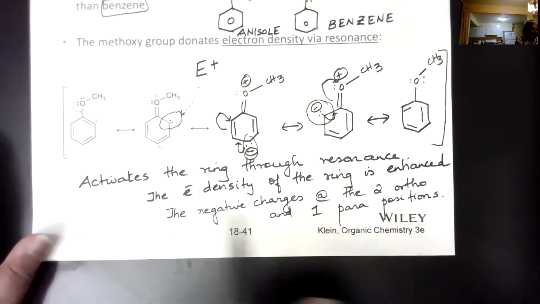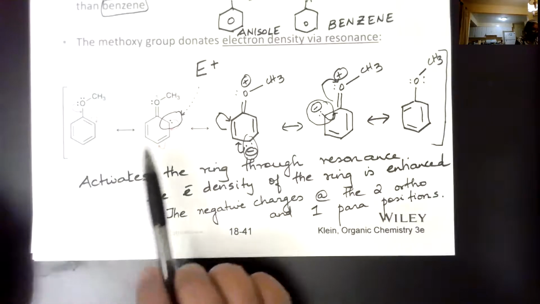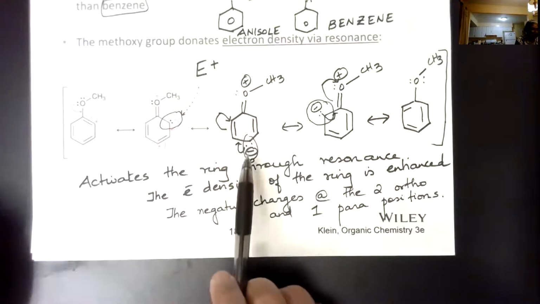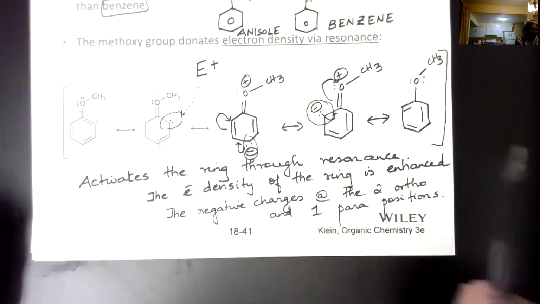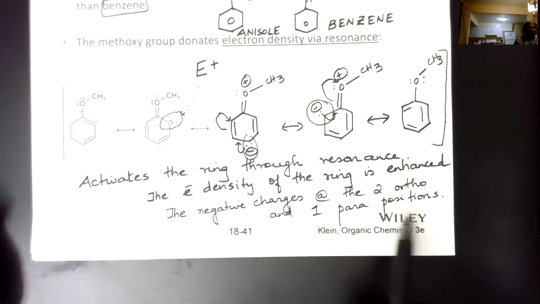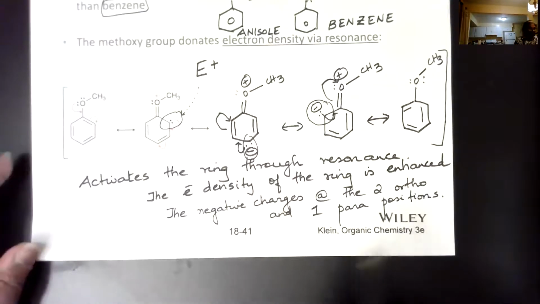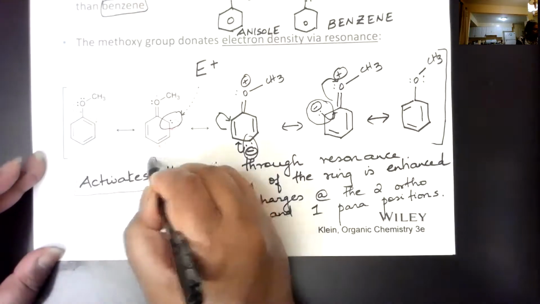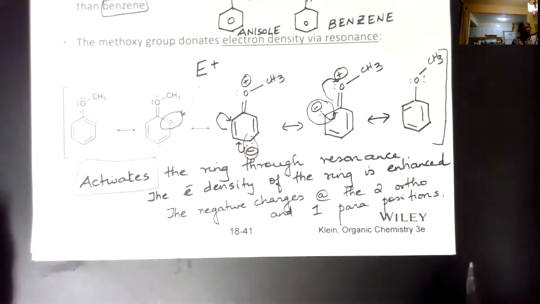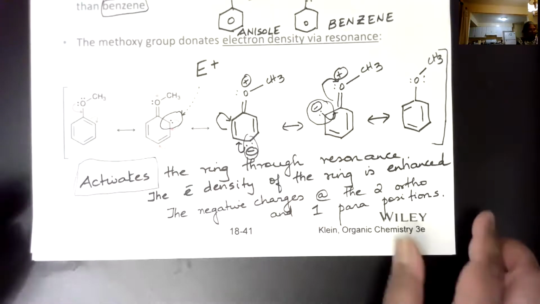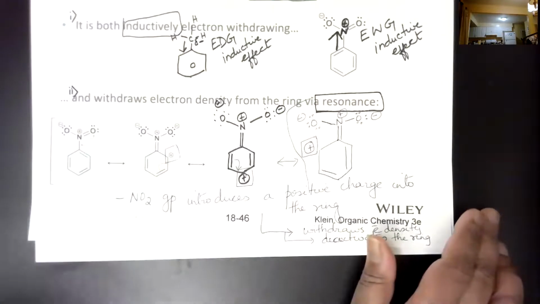What did the OCH3 group give the ring? It gives negative charges at the two ortho positions and the para position. So this guy clearly activates the ring. The nitro group takes stuff away from the ring. So that's how the two are very different.